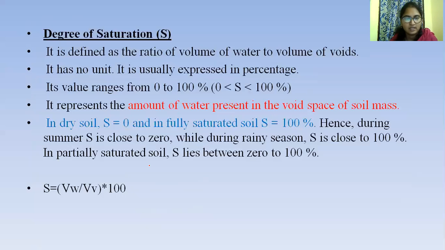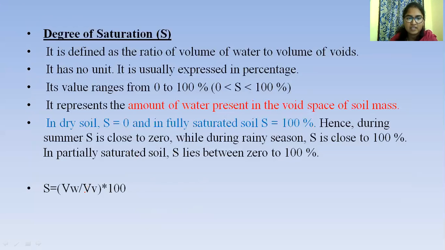Now the next definition, degree of saturation. The symbol is S. It represents the amount of water present in the void space in a soil mass. The space between the voids is filled only by water in the rainy season.